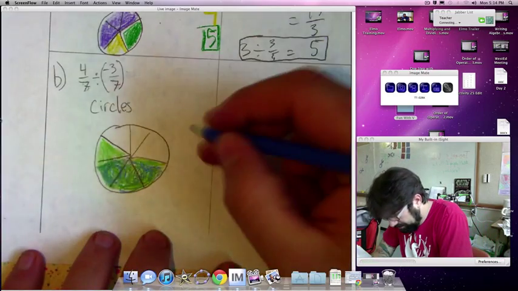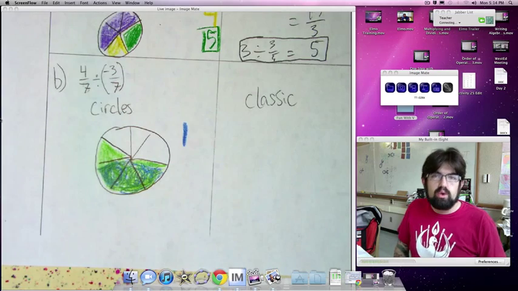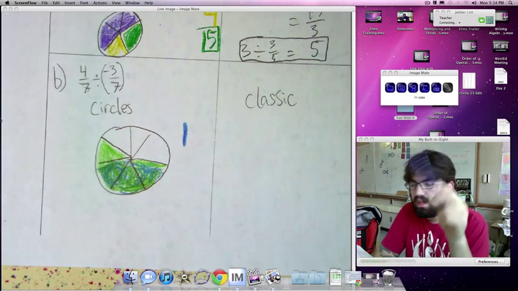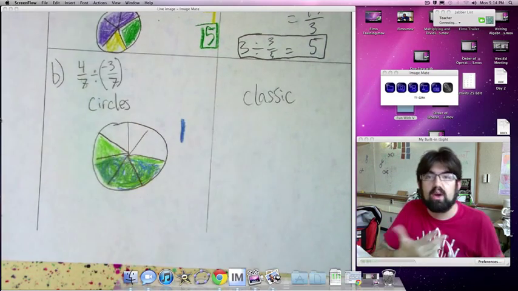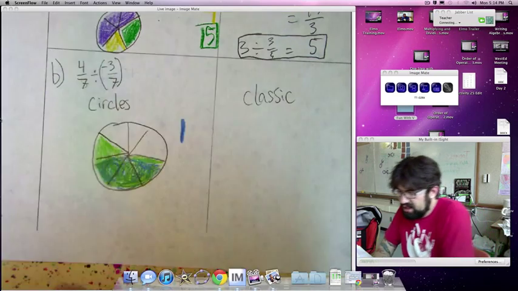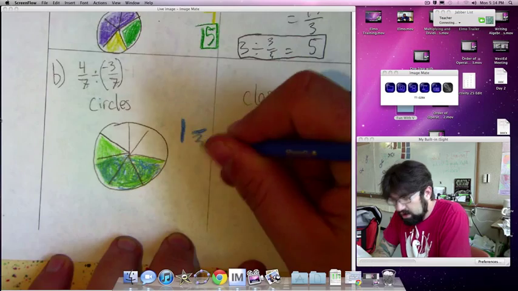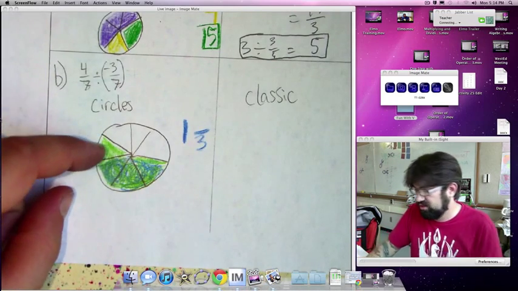So there's one. But if you notice, I've only got one extra piece left over. You need 3 of those numbers to make a whole. So if I need 3, it's kind of like it actually is a fraction. I need 3. How many do I actually have? I've only got one left.